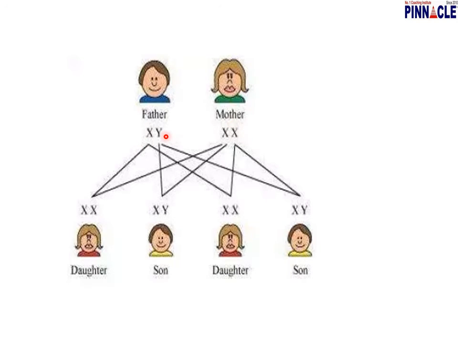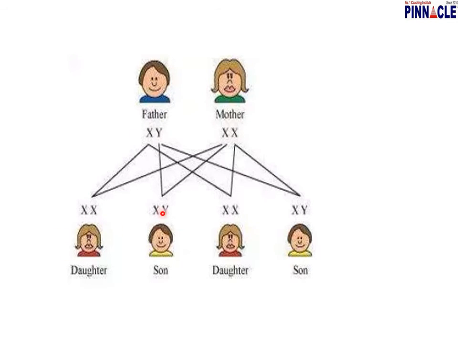Father has XY chromosomes and mother has XX chromosomes. How does it determine the sex? If one mother chromosome X and one father chromosome X combine, it becomes XX, then it will be a daughter.